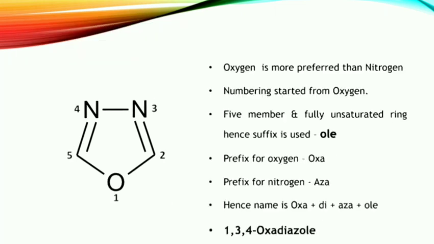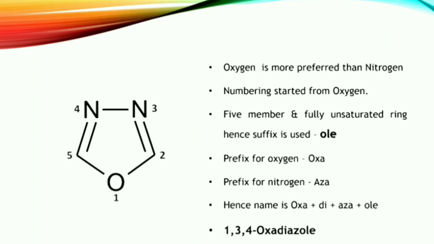If you see this structure, we have 3 heteroatoms. One is oxygen and the others are nitrogen, which are present on the 3rd and 4th positions. Oxygen is more preferred than nitrogen, so you start the numbering from oxygen: 1 2 3 4 5.